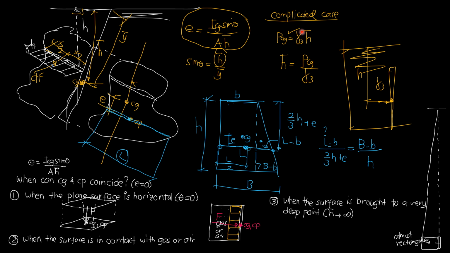Now, for the complicated case, by the way, because we have to use force equals pressure at the centroid times area, after we solve for the pressure at the centroid, we equate it to the specific weight of the liquid in contact with the plane surface. Let us say that liquid is liquid 3 and the specific weight is gamma 3, then times bar h.